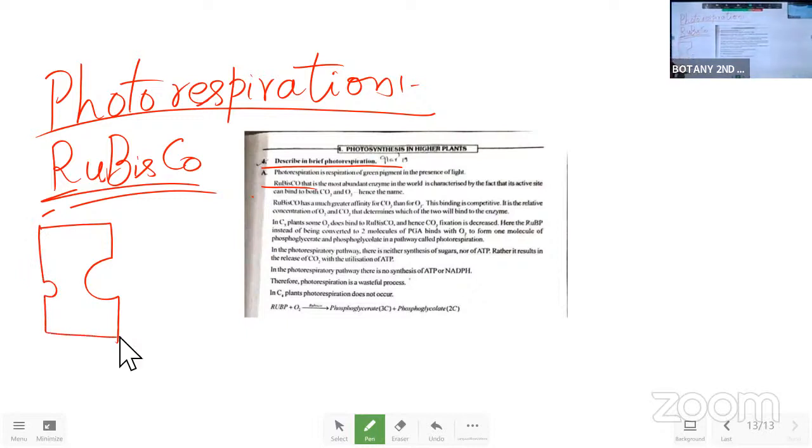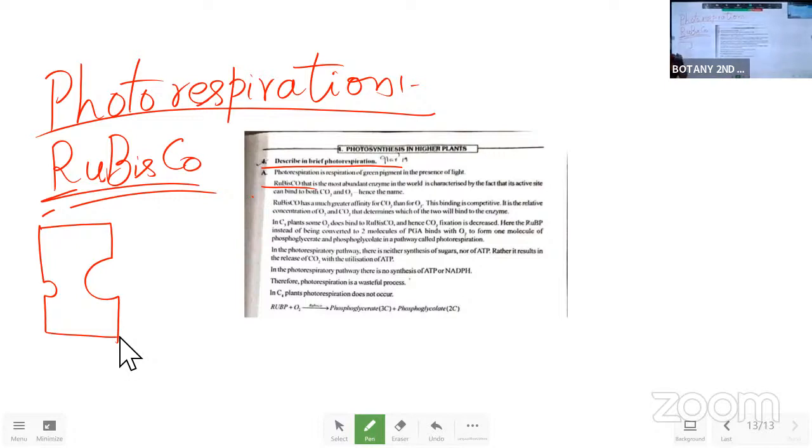So that the carbon dioxide, which is present in a less quantity also, cannot come and block this activation site of this enzyme. So the product formation is not in a proper way according to the photosynthesis.